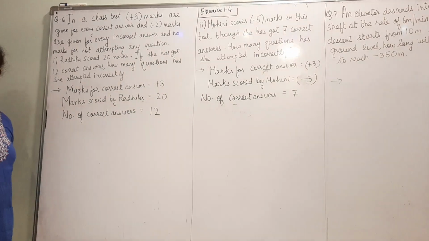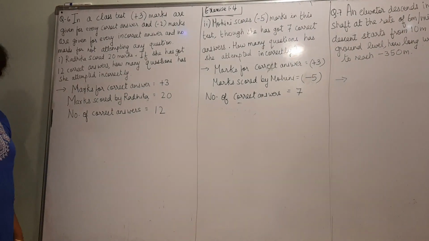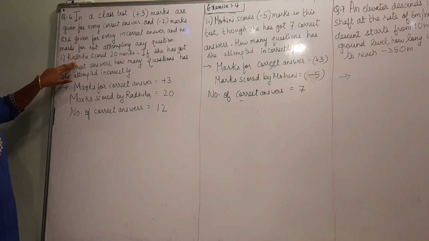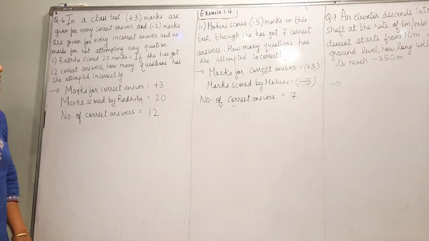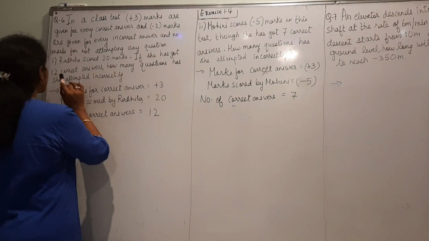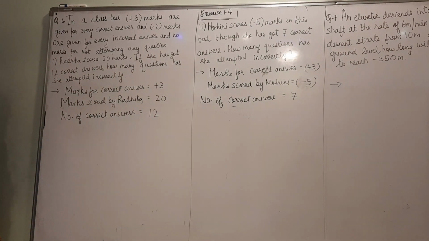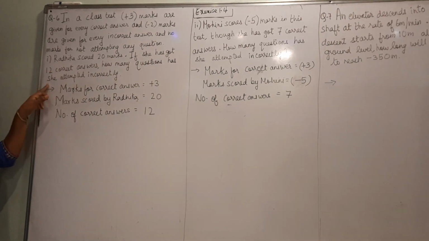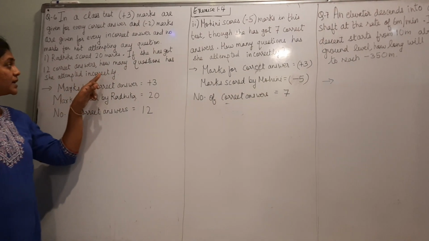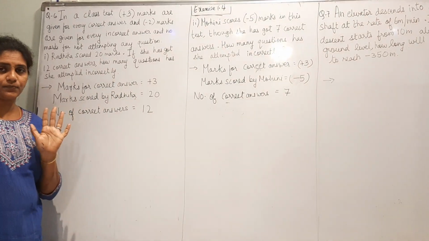There are two parts in the question. First part is, Radhika scored 20 marks. If she has got 12 correct answers, how many questions has she attempted incorrectly?